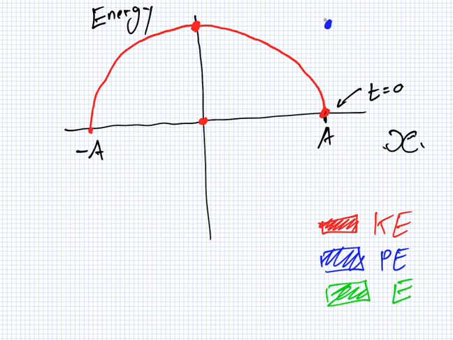So here the potential energy is very big. Then what happens as the spring gets smaller? What happens to the potential energy? It decreases. When this gets smaller, the potential energy decreases. And then at the middle it's 0. And then it goes back up.